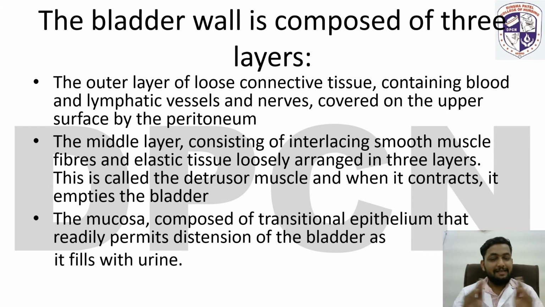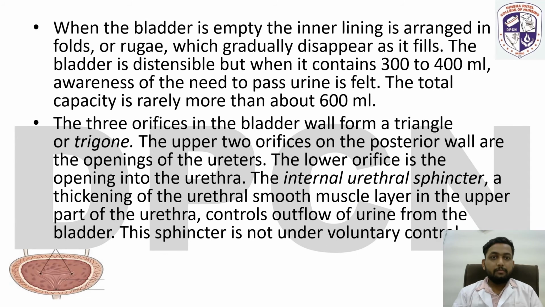Because this layer gets extended, the middle layer and the outer layer will also get extended, and as a result the whole bladder will be extended. When the bladder is empty, the inner lining is arranged in folds or rugae, means the innermost layer, the mucosa, arranges itself in folds. But when the urine is filled inside, slowly they will disappear. What will disappear? Those folds, the rugae.